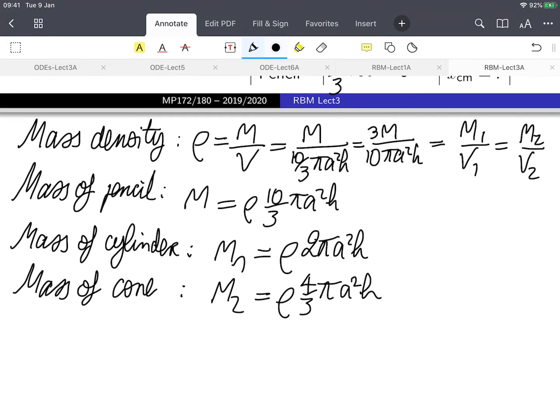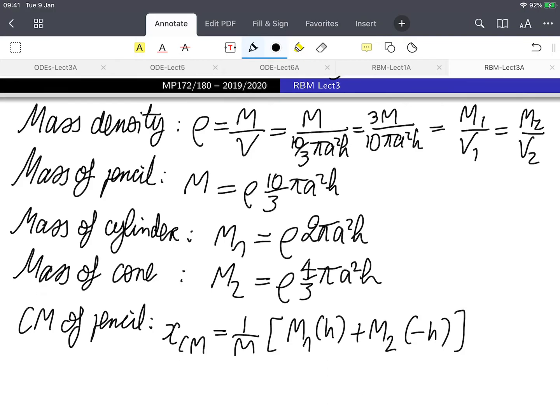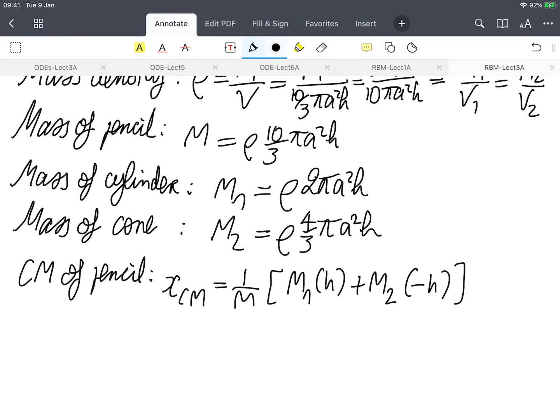Okay, so now I can just compute the center of mass of the pencil. It's going to be 1/M times M1 times the position of the center of mass of the cylinder, plus M2 times the position of the center of mass of the cone, which is minus h. Then I just fit that in and compute the position. That's all.